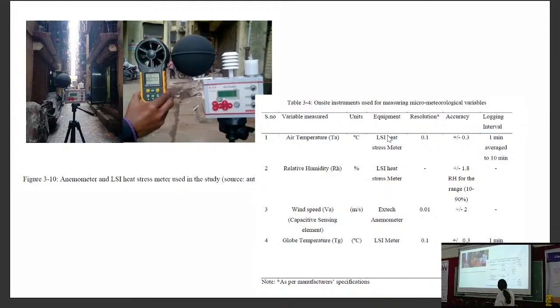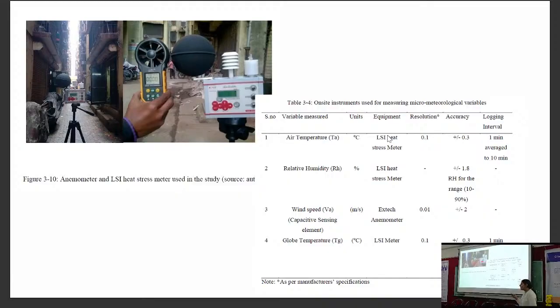I will ask you to note down these parameters at each location: location 1, location 2, for 4 locations. Then we will come back and see whether there are differences in TA, RH, wind speed and globe temperature.